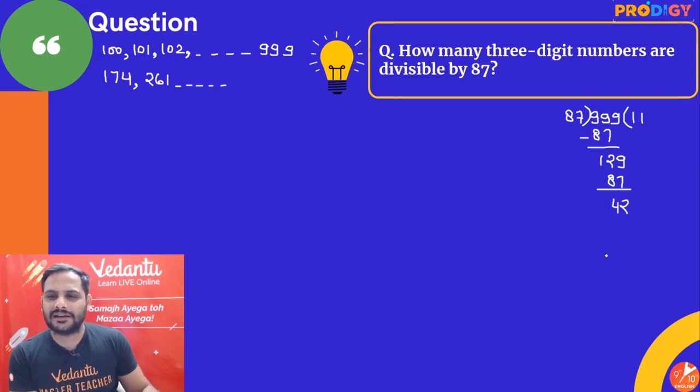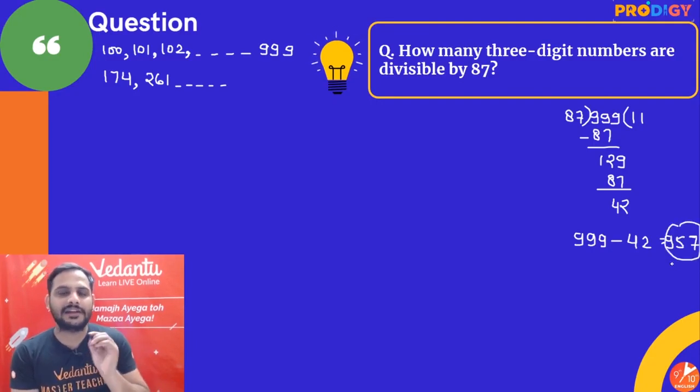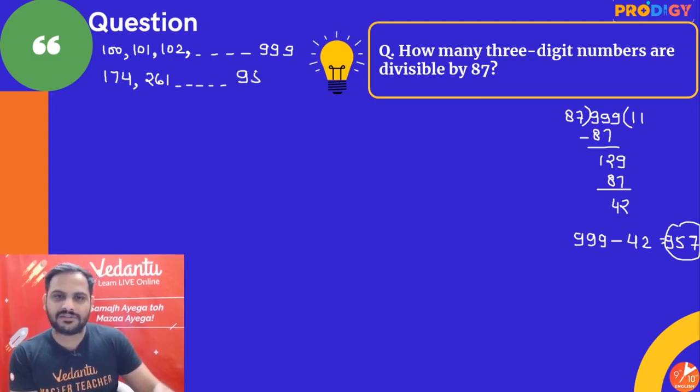So from 999 we need to subtract 42 to make it perfectly divisible. 999 minus 42 is 957. So the last 3-digit number which will be divisible by 87 is 957.